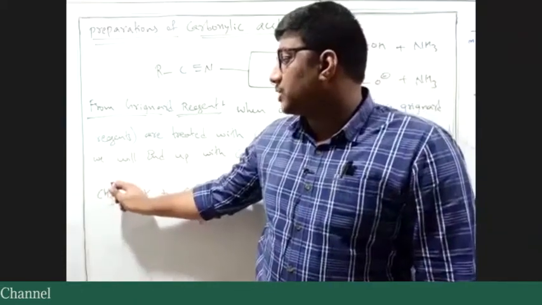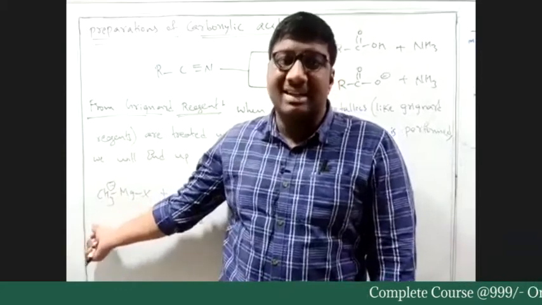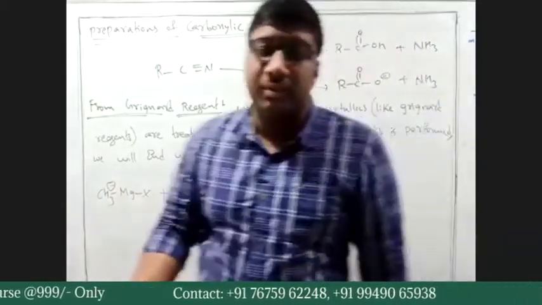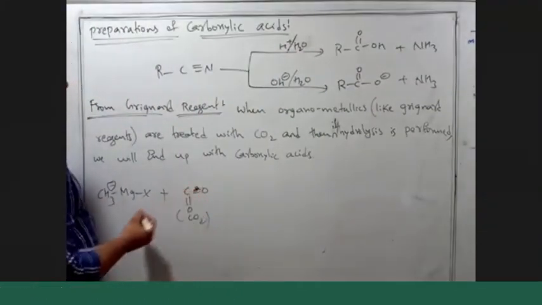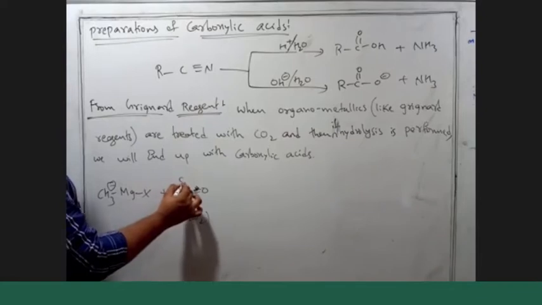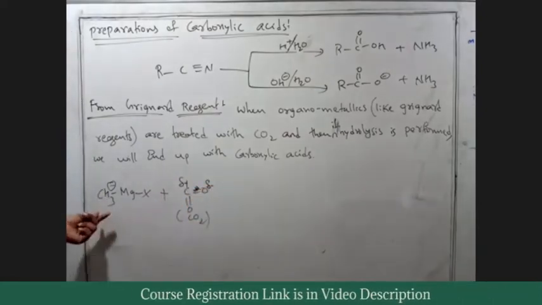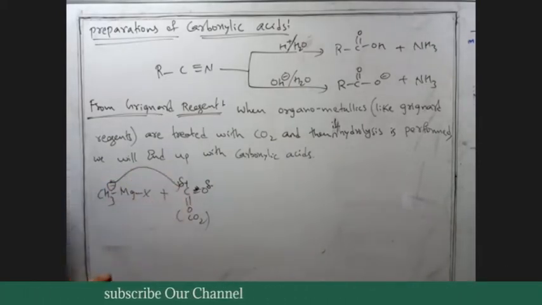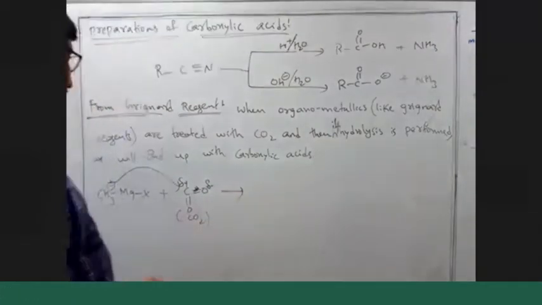And the negative charge on carbon from the Grignard reagent will now attack this positively charged carbon. With the movement of pi electron density, carbon gets delta positive, oxygen gets delta negative. So this negatively charged carbon from the Grignard reagent will attack the carbon of carbon dioxide.